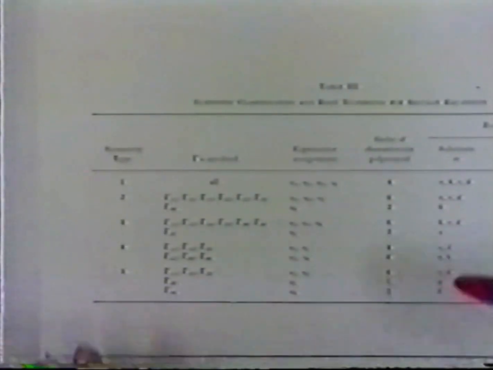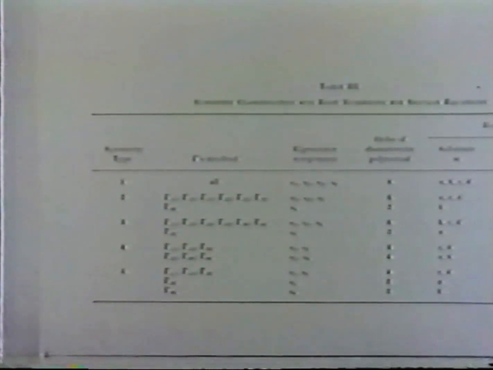The purely mechanical sagittal one is 4th order. The stiffened horizontal type of solution is 4th order, and so on down this line. Please take a look at table 3, which you should have been handed out the first time around. So that's basically what we have.